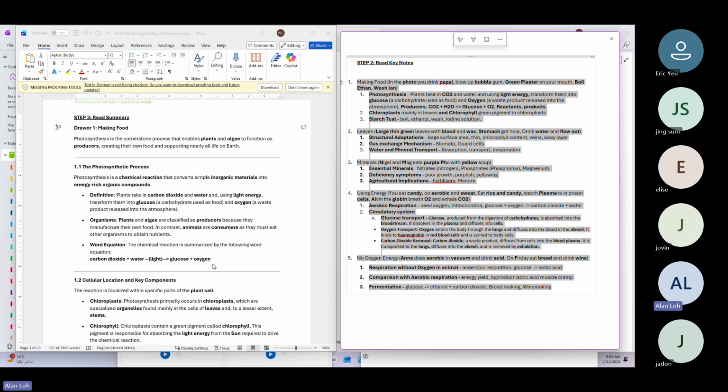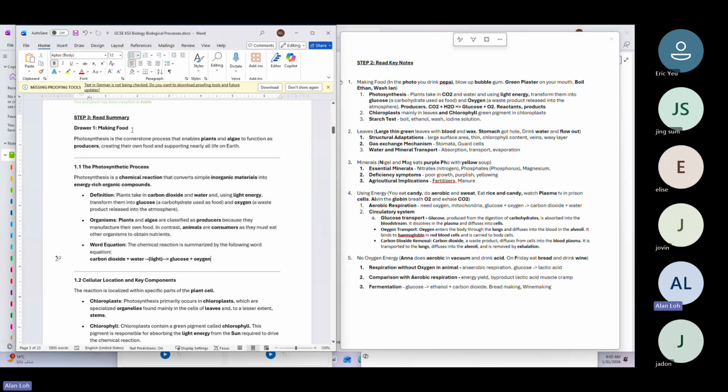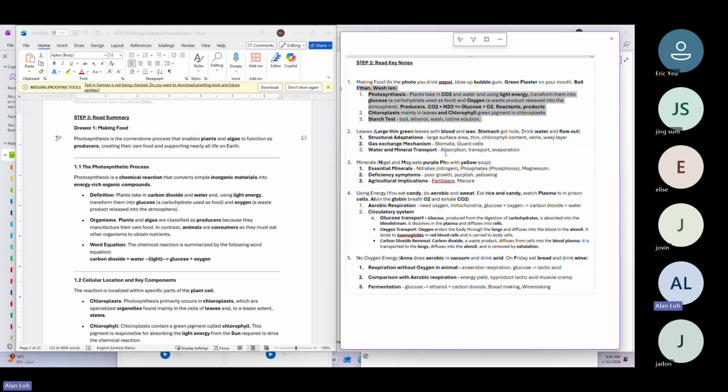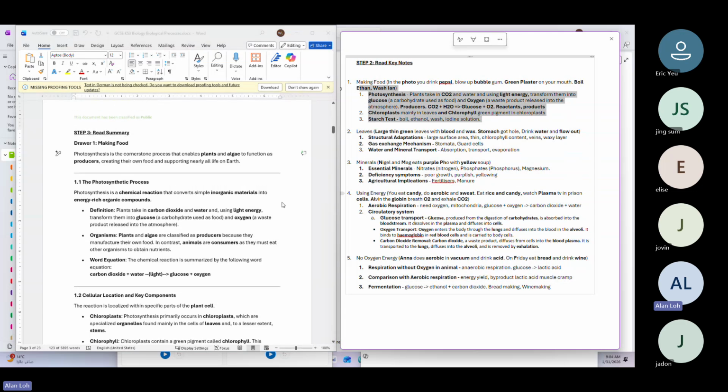Once you identify which drawer, for this case is drawer number 1, obviously, making food, then you read this in 1 minute. Then you try to link the information that you read here with the keynotes and also your drawings. Okay, I hope it's clear.